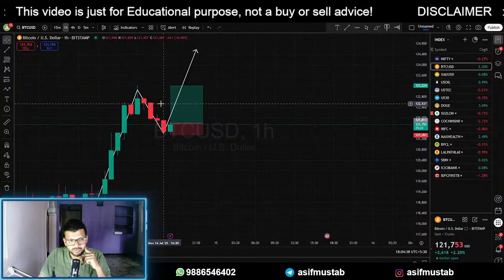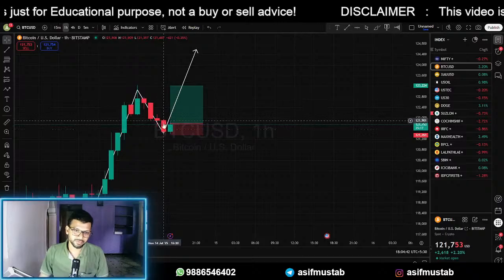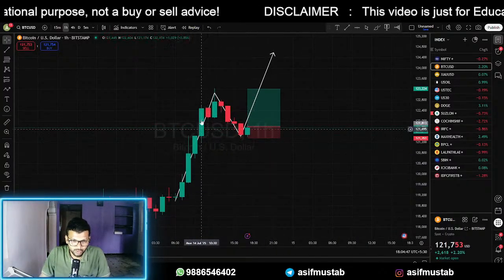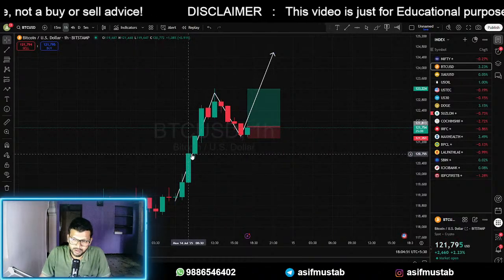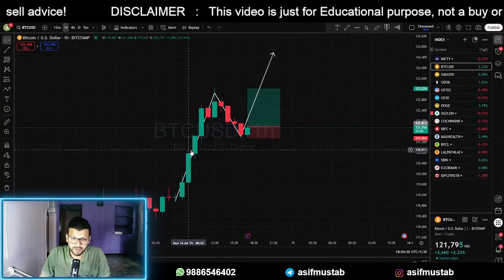But most people think that there is an M pattern, there is a reversal candle, and we will see some big selling. No, look at the volume of this buying. This volume gives you confidence or confirmation that there is domination of buyers.